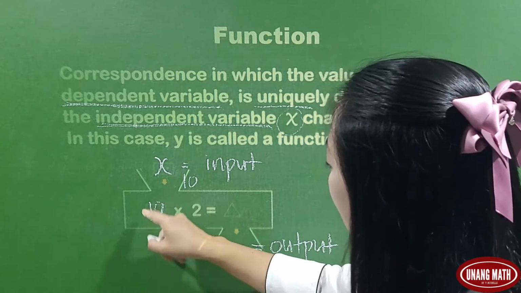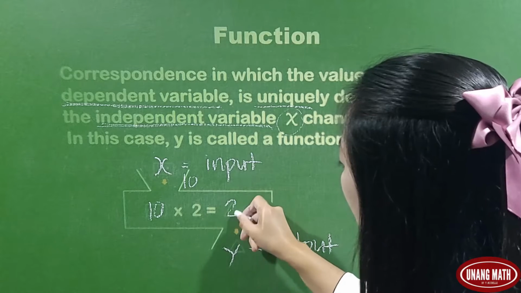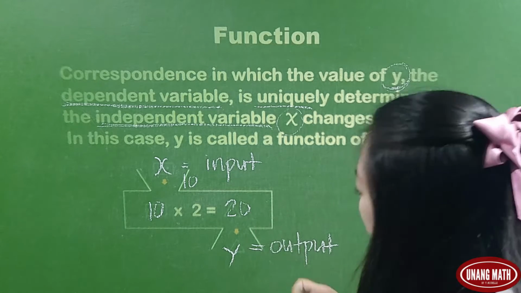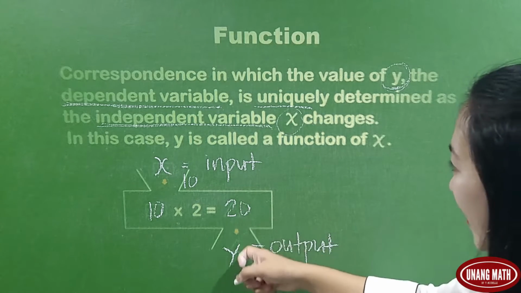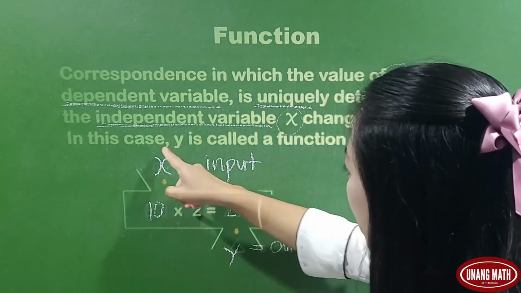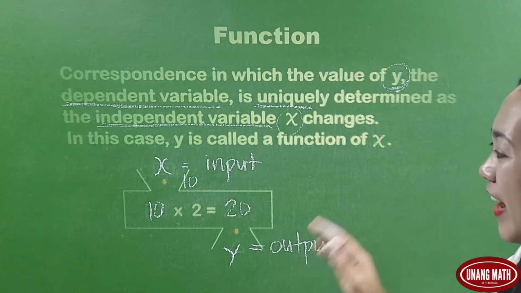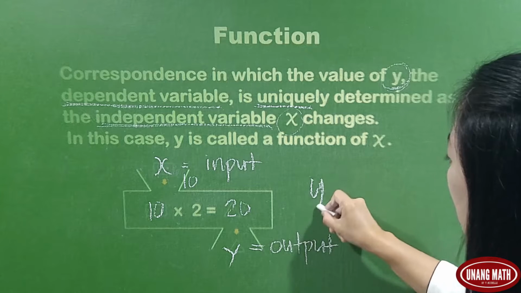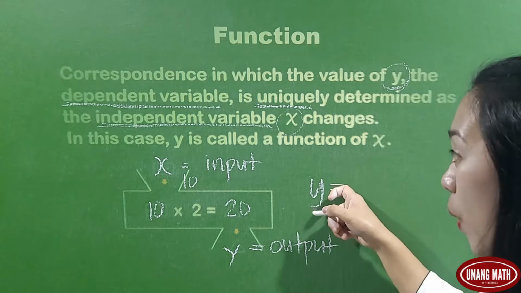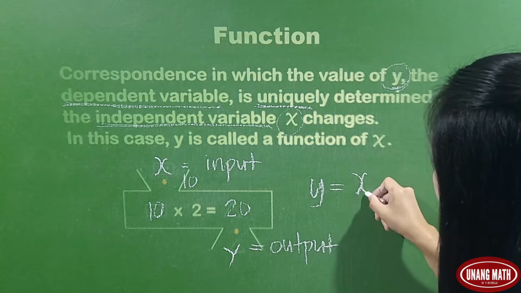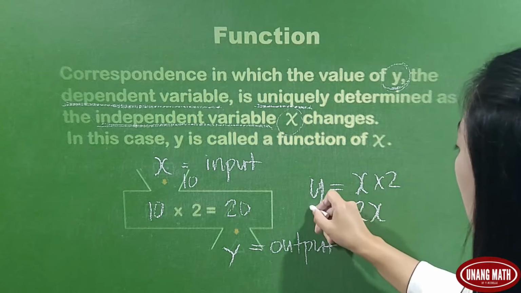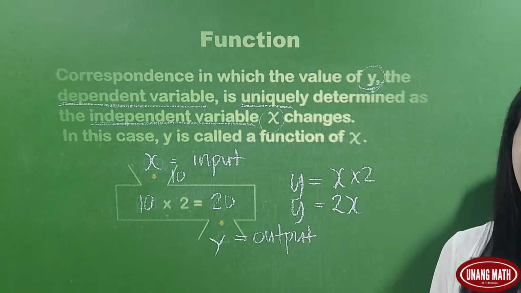So this is 10 times 2, and that's equal to 20. So y is 20, or the output is 20. And 20 is a unique number for our input 10. So to determine the output, y is equal to x times 2, or y is equal to 2x.